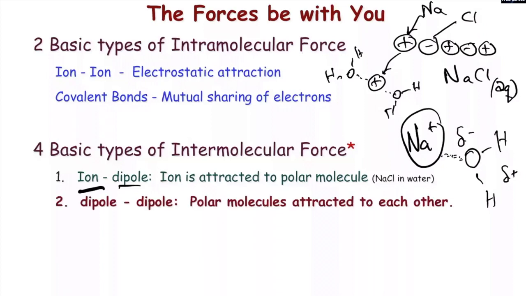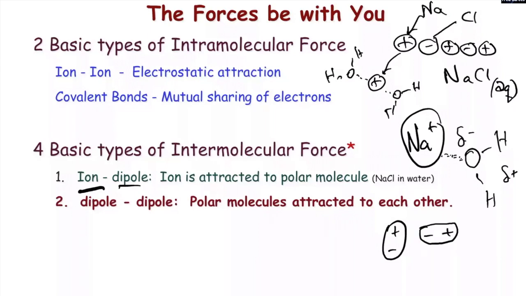Then we have dipole-dipole. And remember, you guys know how to determine whether a chemical has dipoles. We look at the distortion of the chemical. We determine whether the chemical is polar or non-polar. Well, that's why you need to know whether the chemical is non-polar, because for dipole-dipole, let's say we have a partially positive here and a negative here, that's going to attract another chemical like magnets.